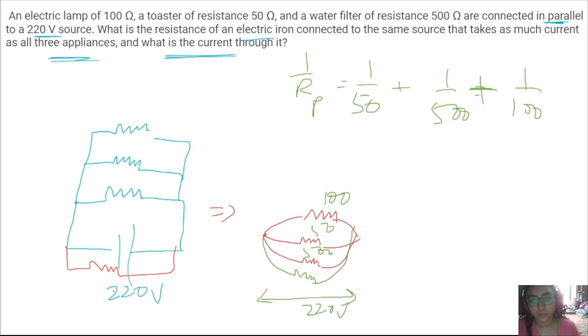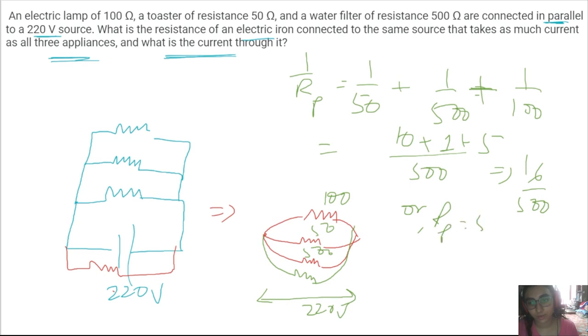Okay. So we do it like we used to do it LCM wise. So 10 plus 1 plus 5, which is 16 by 500, or Rp equals 500 by 16 ohm. Let's just keep it in fraction for now. So we have found the total parallel resistance.